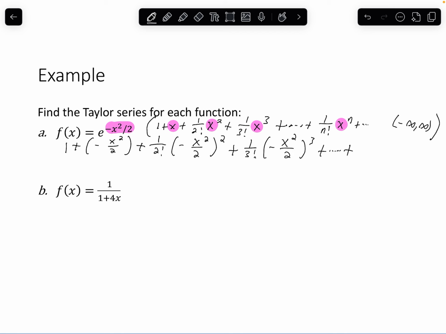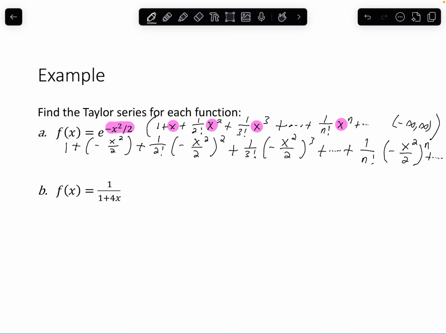This continues going. The nth term is 1 over n factorial times negative x squared over 2 to the nth power, and that keeps on going.